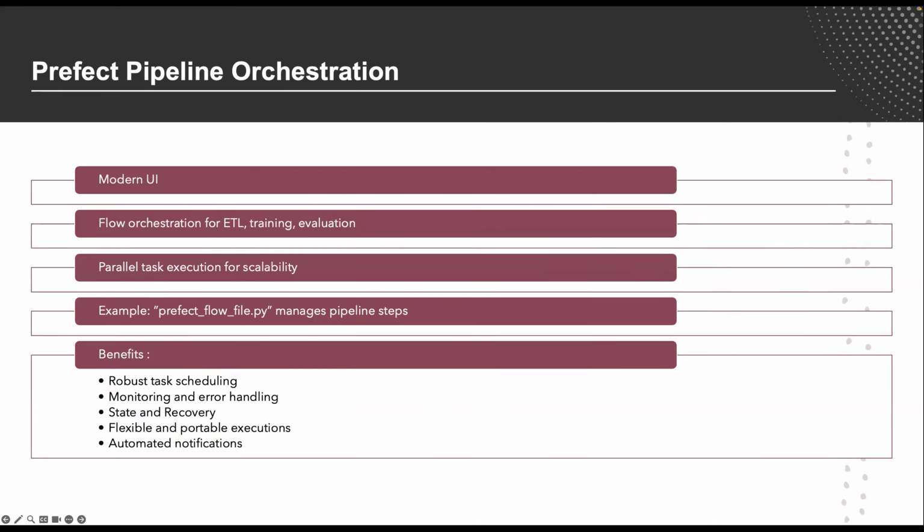Moving forward, Prefect is Python native. When we come back to the orchestration part, which is a major role and responsibility of the MLOps team, Prefect is the tool which we mostly use, and it is a Python-native orchestration tool widely adopted across industry to manage complex machine learning workflows. If you remember, even Sumita was mentioning the same thing.